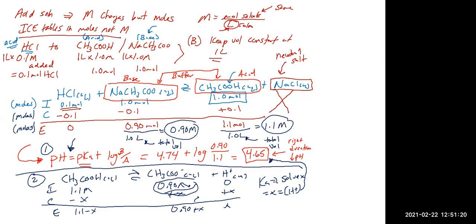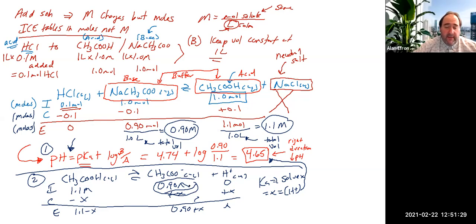Professor? Is the second ice table that you did just to double check that you got the right answer? No, you don't have to double check with the ice table. It's just an alternative approach to getting the pH rather than using the Henderson-Hasselbalch. If you use the Henderson-Hasselbalch, you're good to go. It's probably the right one as long as you punch it in correctly. But some people don't want to use the Henderson-Hasselbalch because they're afraid they may use it in the wrong situation.